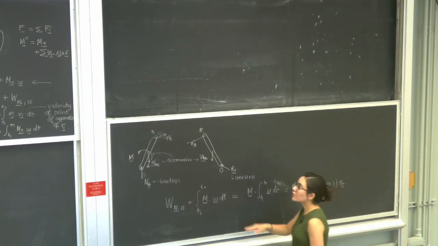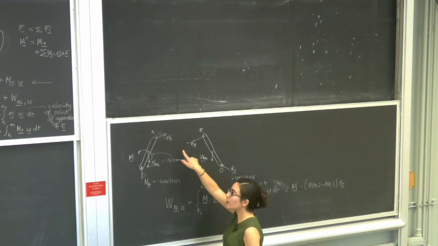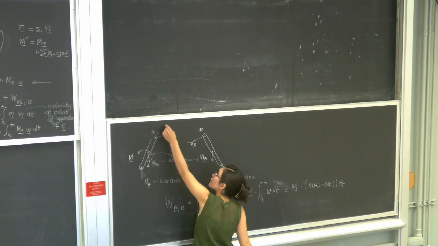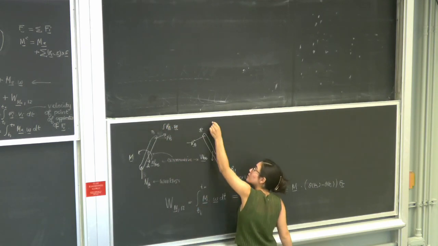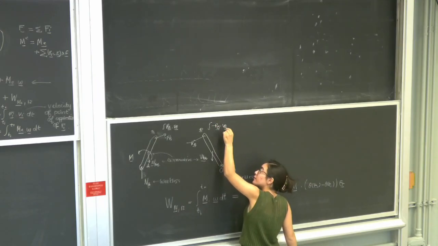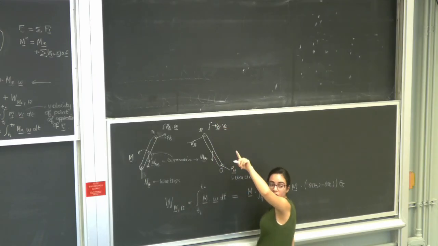Yes. Because the work of this force here and the work of this force here, what are they? They're opposite. Because the work of this force is the integral of RB dot VB. The work of this force is the integral of minus RB dot the velocity of that point VB. So the two works are opposite, they're going to cancel out.